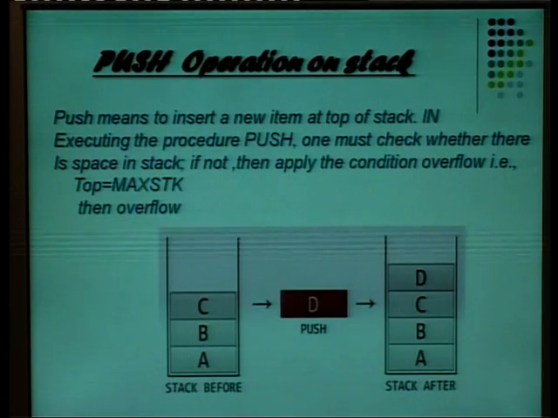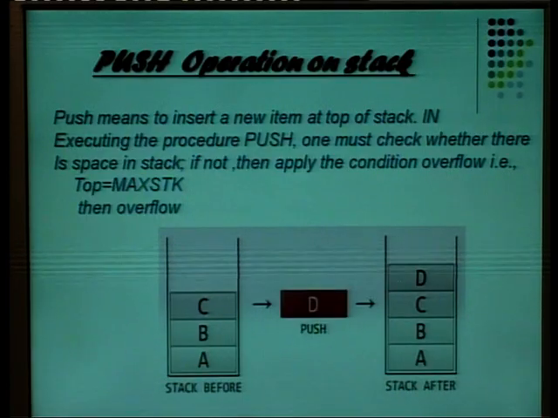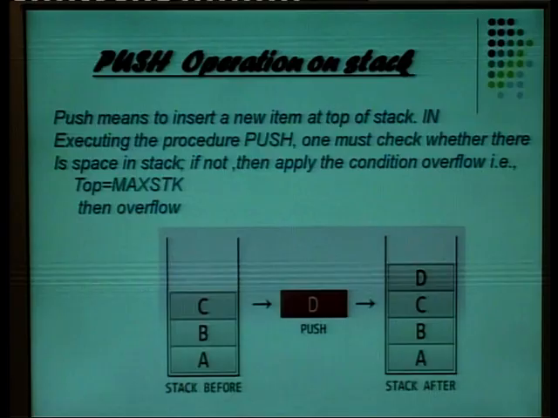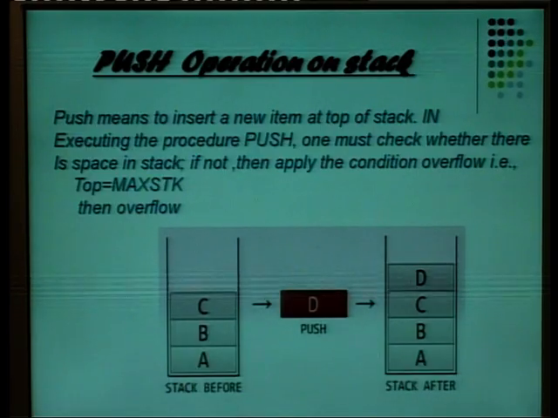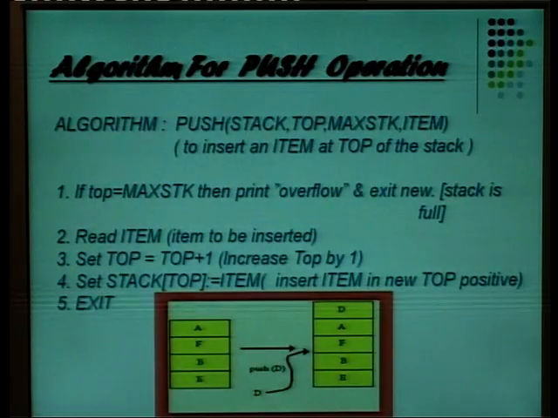This is the example before the push operation, first one, and second one after the push operation. D is placed on the top of the stack. This is the algorithm for push operation.